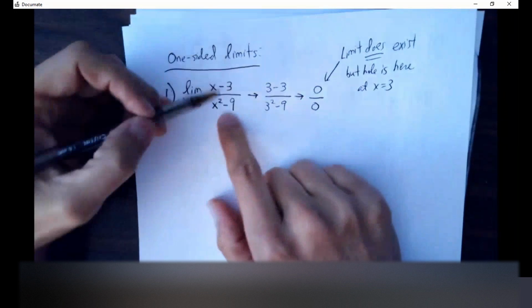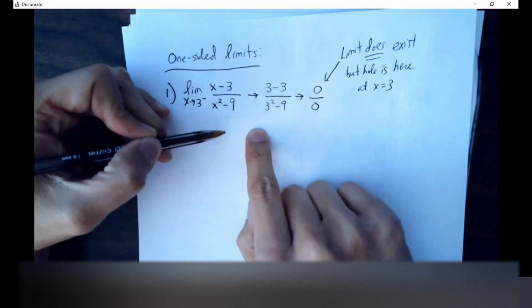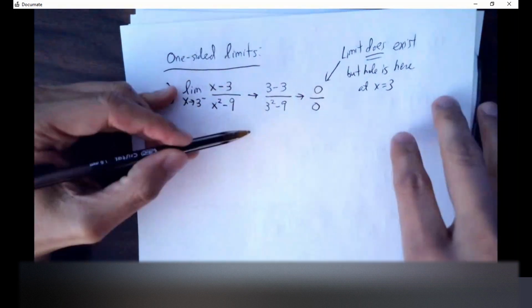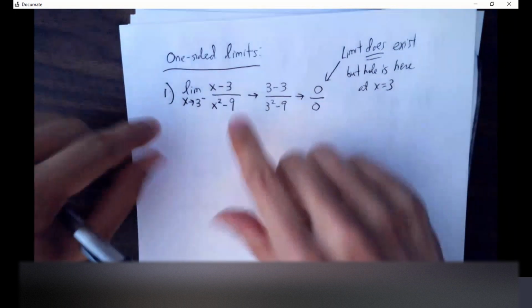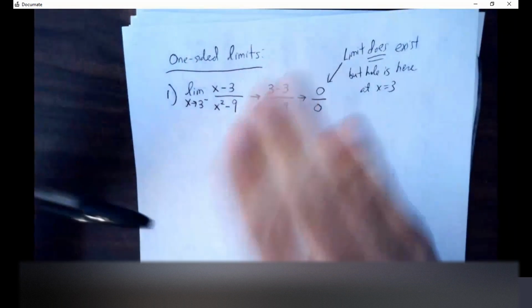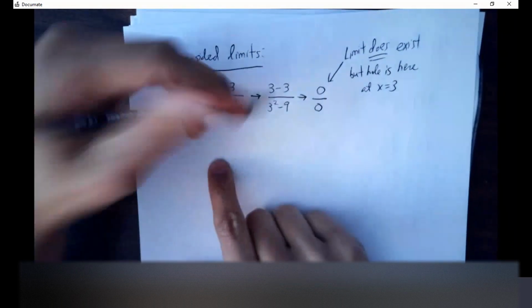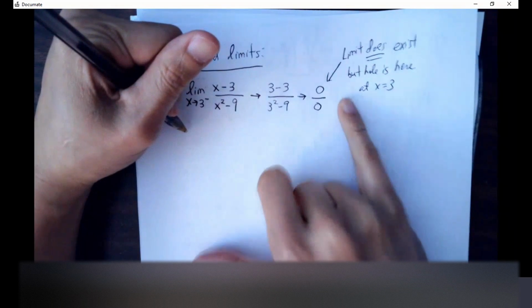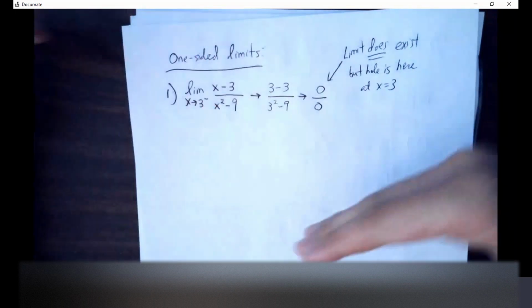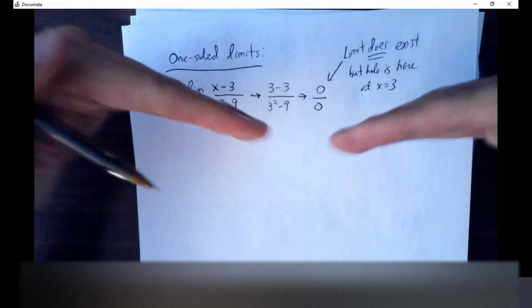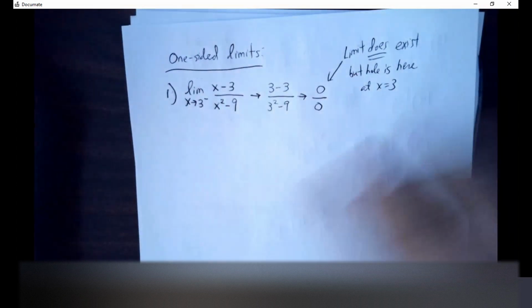So we have two options. Either we can factor or we can go through L'Hopital's rule. But in the end, we're going to get a real number, and the one-sided limit is not going to have an impact on this problem at all because the limit exists. If the limit exists, then it doesn't matter if you're coming from the left side or from the right side. They will all be in agreement.